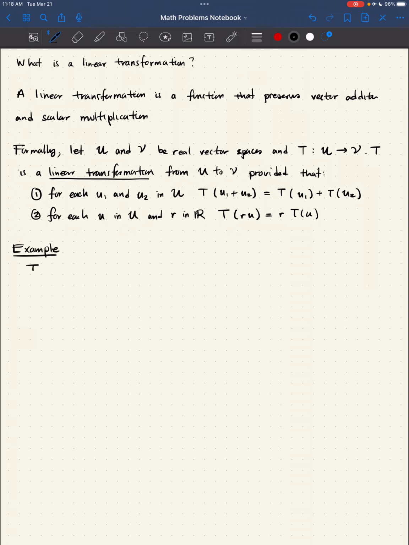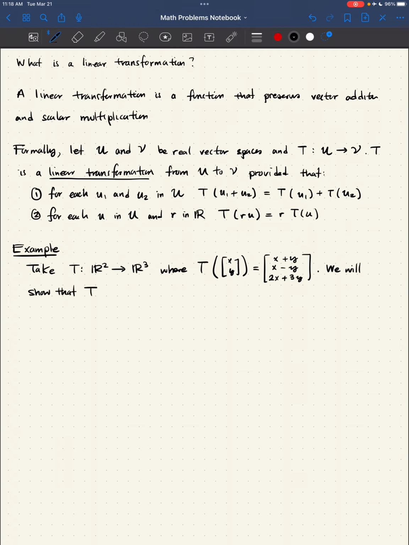So we're going to take T going from R2 into R3, where T of the vector x, y, a vector in R2, is given by the following expression: x plus y, x minus y, 2x plus 3y. We will show that T is indeed linear.